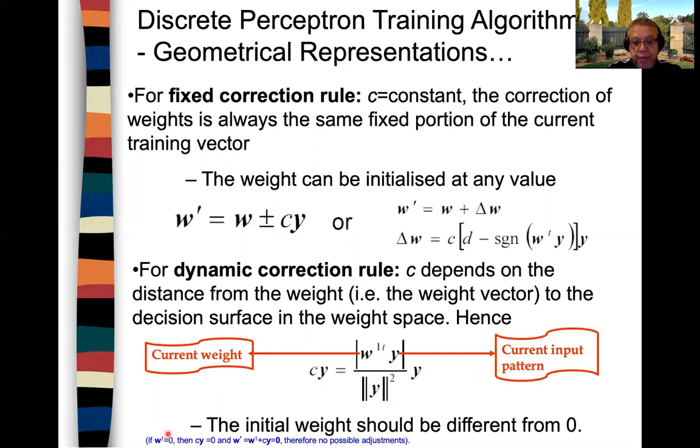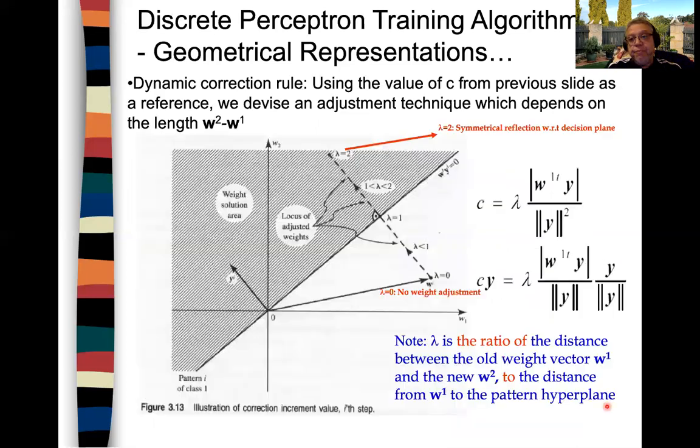Of course, if my initial weight is equal to 0, then CY would be equal to 0, and there would be no possible adjustment. So the initial weight should always be different from 0.